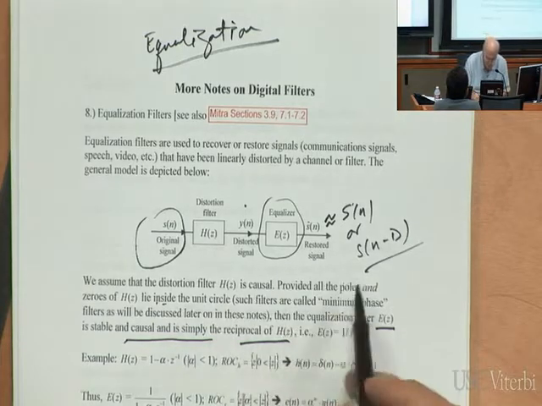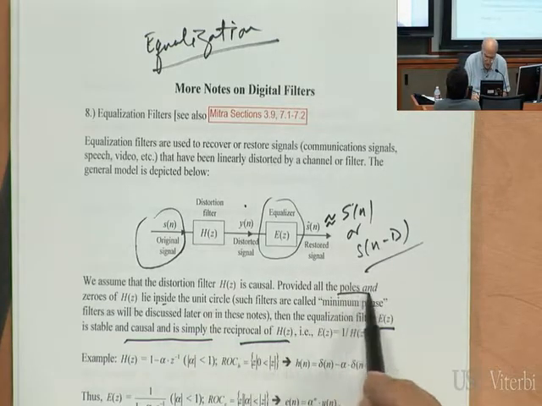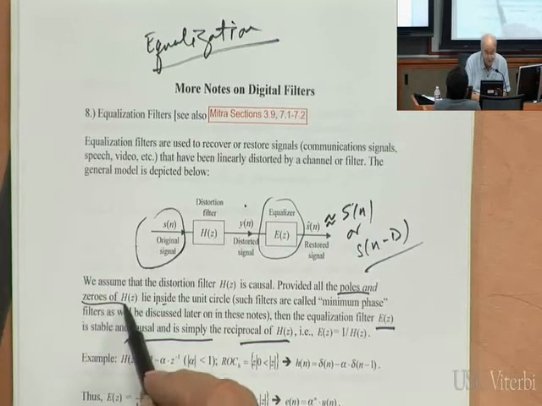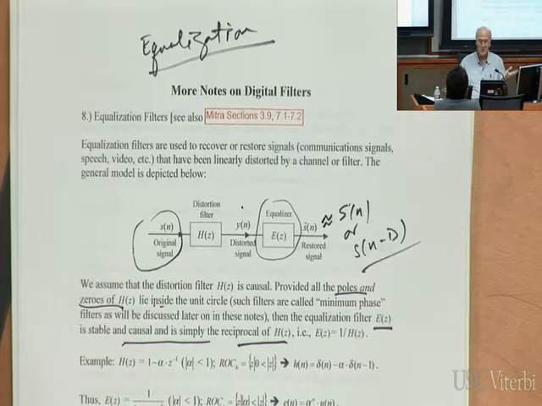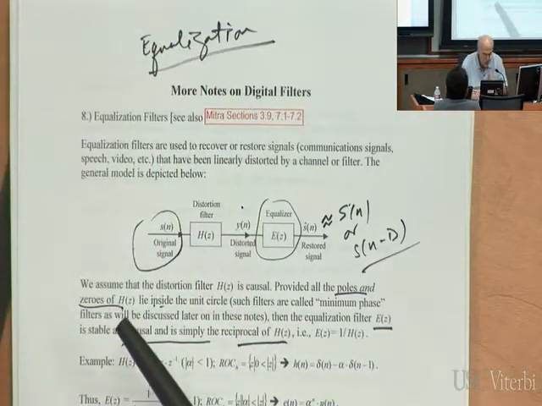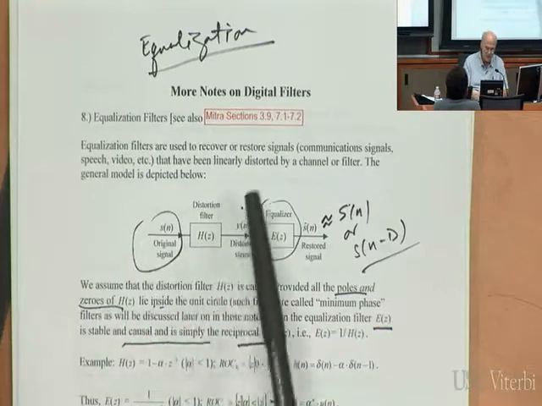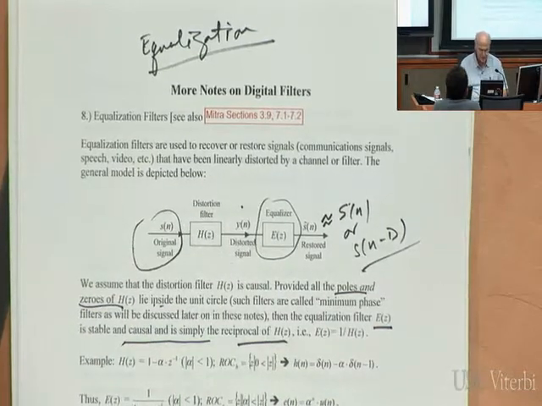I said something about provided all the poles and zeros of H. Now, remember before I said, well, if you have zeros in your region of convergence, it doesn't matter. That's still true. It doesn't matter. But when you're doing equalization, you start to pay more close attention to the zeros of this distortion filter.